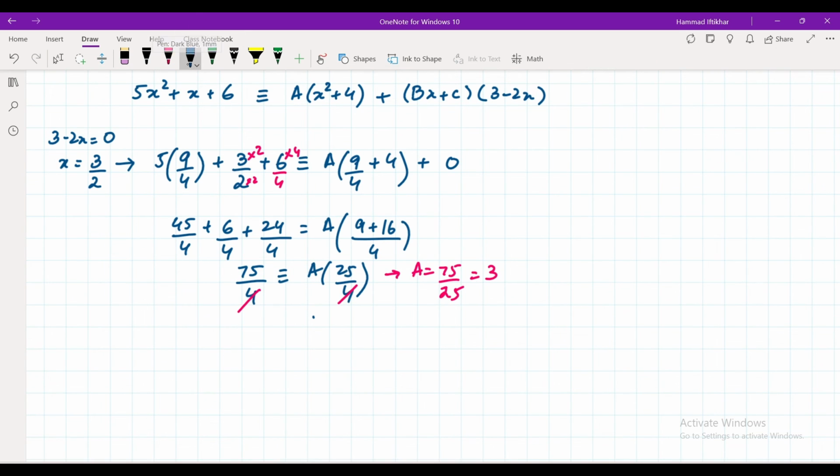Now this was the easy part. Now for the x squared plus 4, there's no value that could easily make it 0. So we can choose any two values for our purposes. So x is equal to 0.